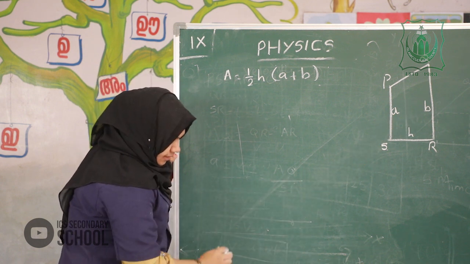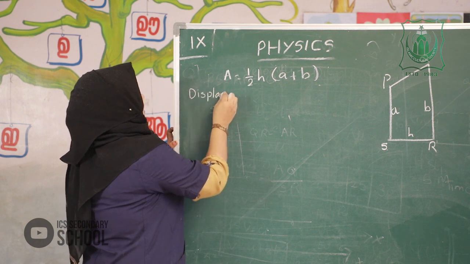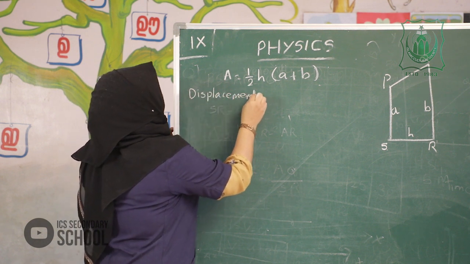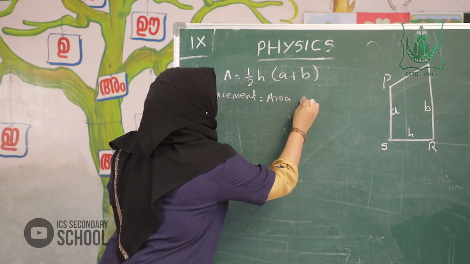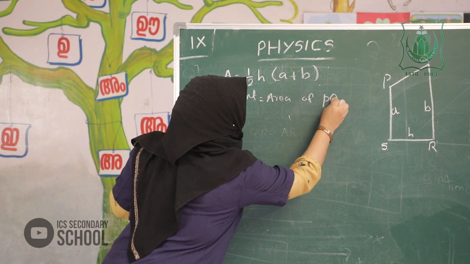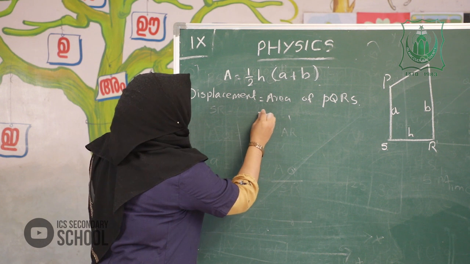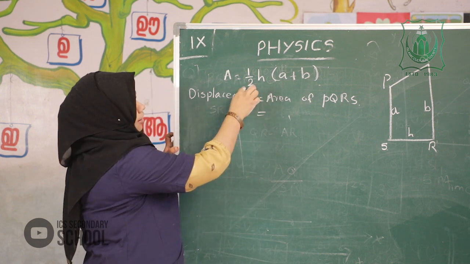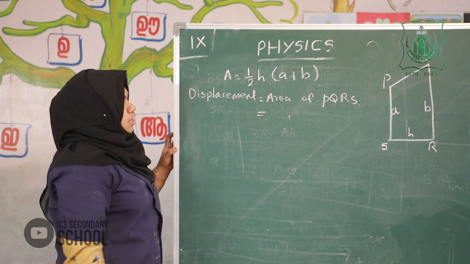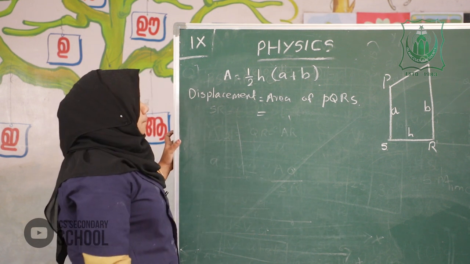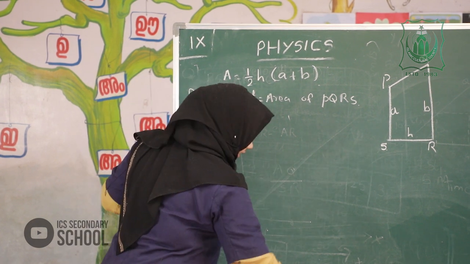Then how to calculate displacement? It is enough to find out the area of the quadrilateral. Here, area of trapezium PQRS is half into h into a plus b. Then what is h here?